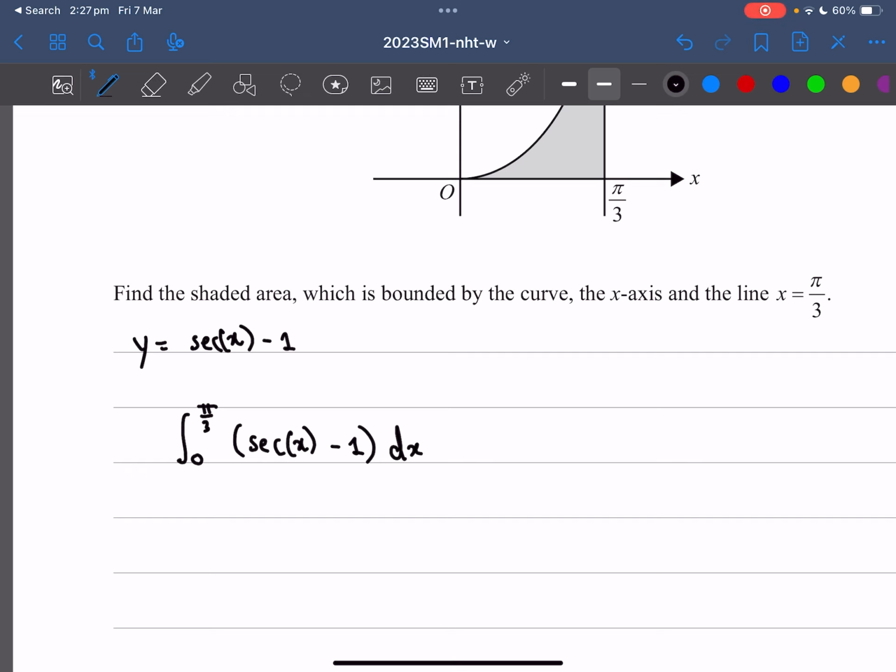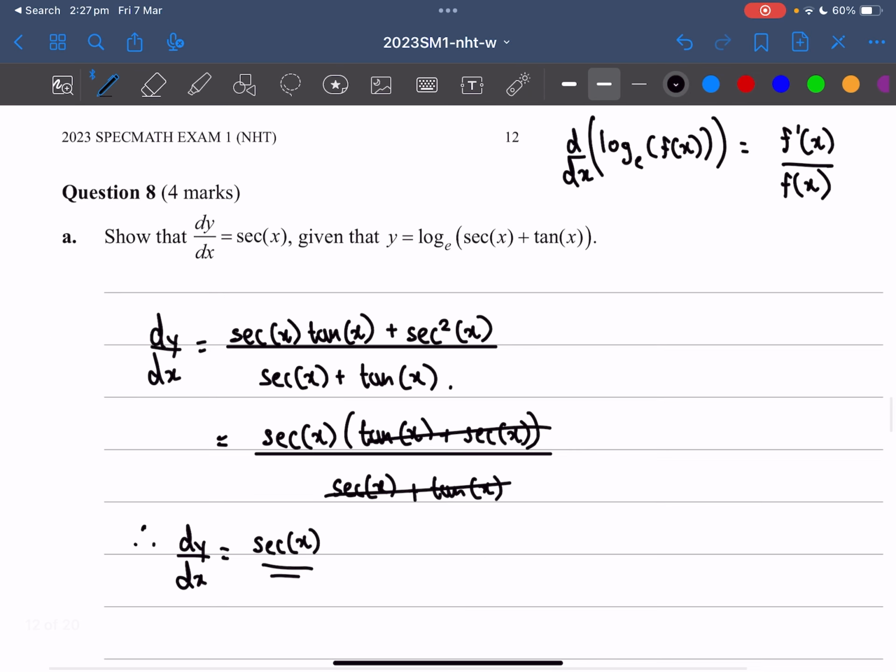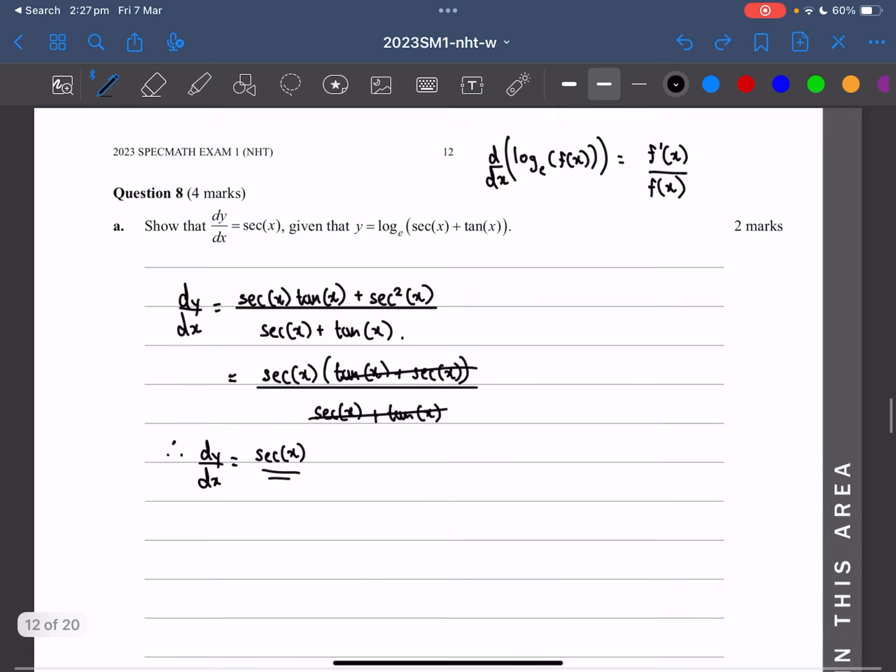Now, we know how to integrate minus 1, right? It will just become minus x. But how do we integrate secant? Well, we don't have to, because we proved that if we differentiate this over here, we get secant. So that means that if I integrate secant, I should get this, right? So we're just going to use that.